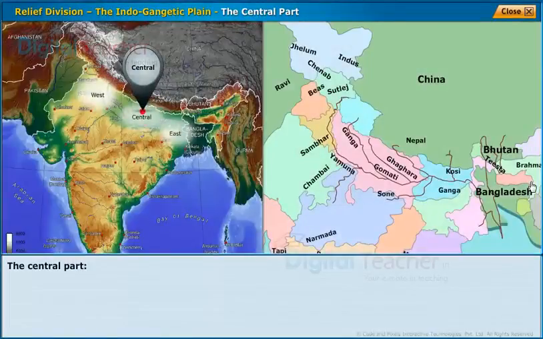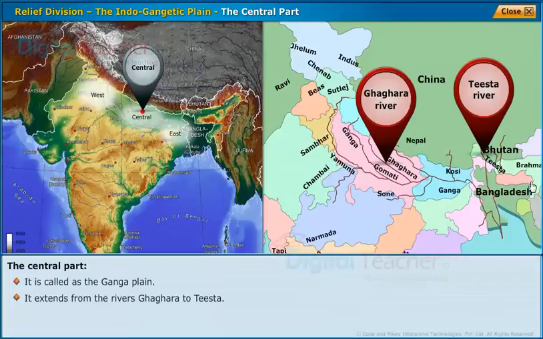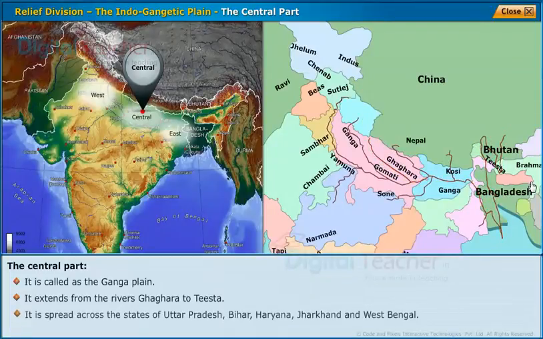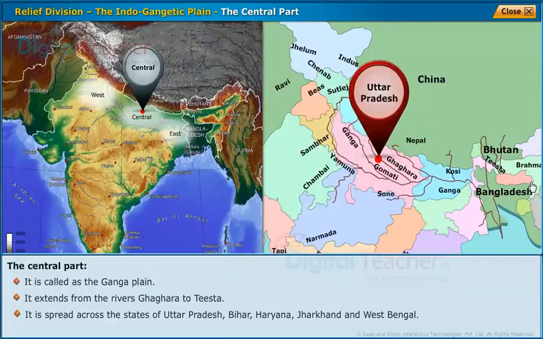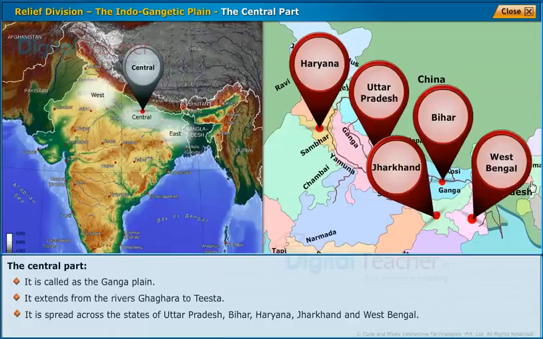The central part. It is called the Ganga Plain. It extends from the rivers Ghaghara to Teesta. It is spread across the states of Uttar Pradesh, Bihar, Haryana, Jharkhand, and West Bengal.